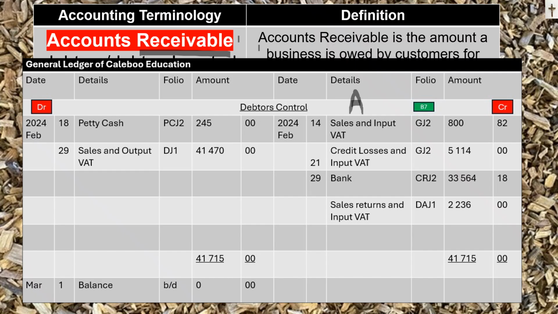You can pick up the name the business is using by looking at the software or the trial balance. Accounts receivable, debtors control, same thing. The account is a current asset. People we've sold to on credit are recorded as a current asset. More about the details of this account at a later stage. You just need to know the definition of accounts receivable.